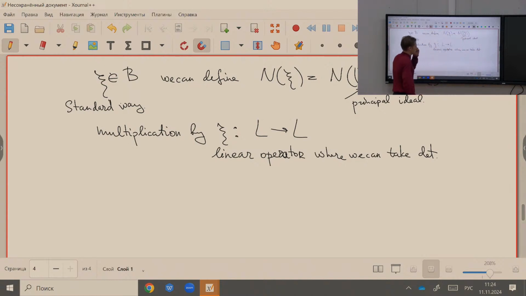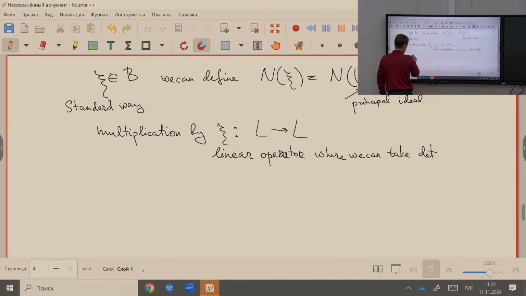And the claim is that after considering the determinant, this is a number, but you may think of it as the ideal generated by the corresponding number.